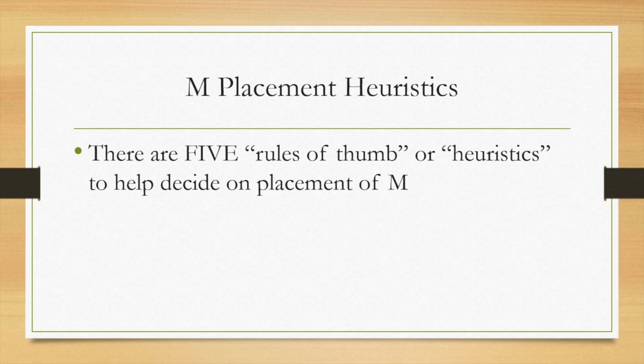So, in order to assist you to build a model with M, there are few heuristics given. Although there are 6 heuristics, we will talk about 5. One is no longer used, we will mention it at the end, and the heuristics are essentially rules of thumb, which tell you where to place M and based on what logic.